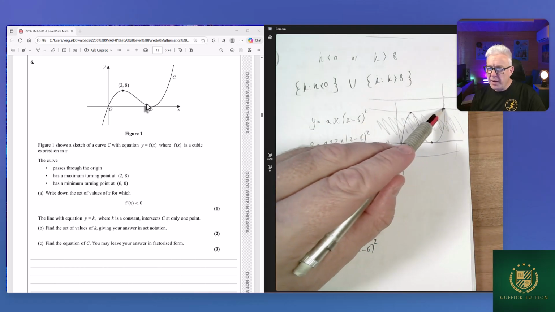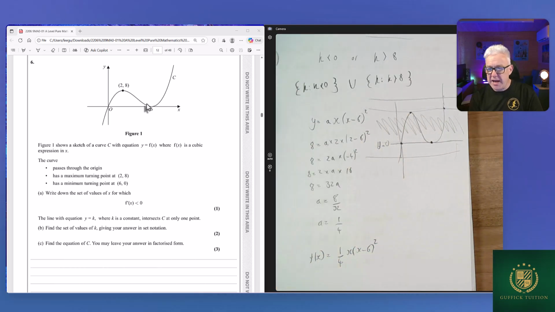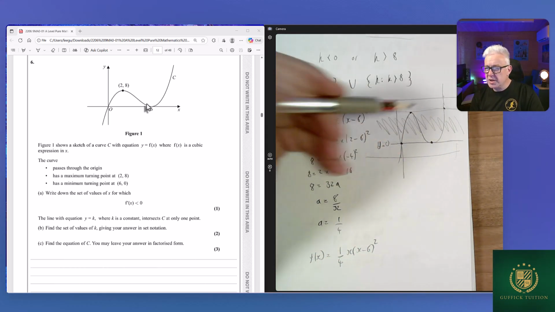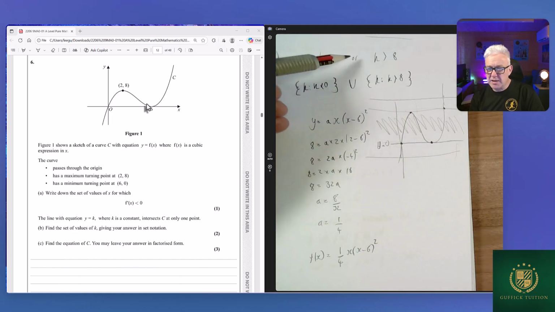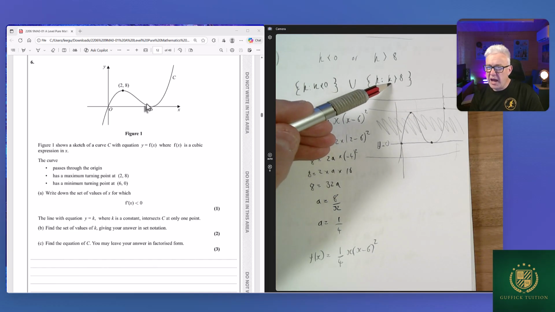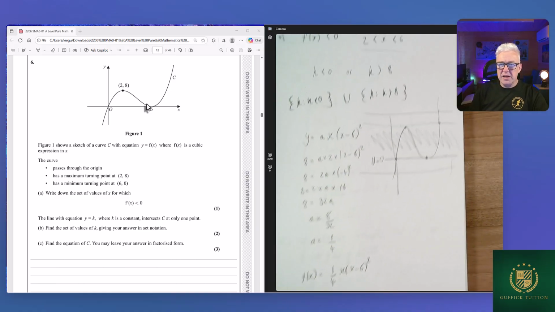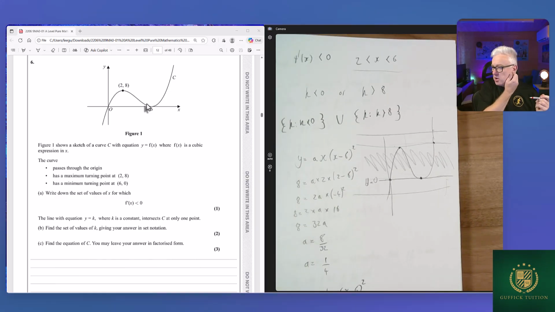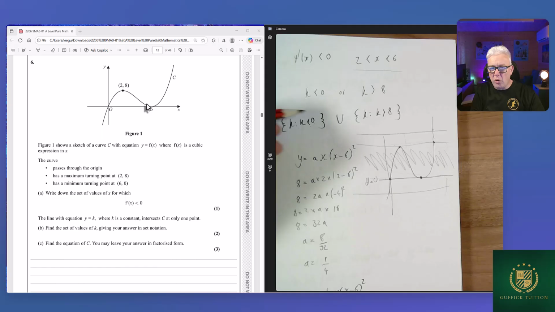Or, up here, if k was equal to 8, we would have two solutions. So we need it to be bigger than 8. So k is a member of the set of elements such that k is greater than 8. Now, in set notation, whenever you think about the word or, we use the union symbol.